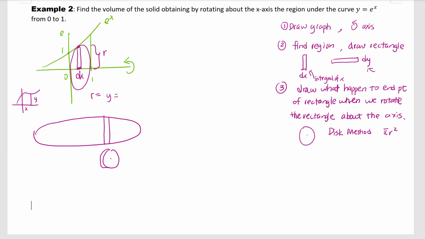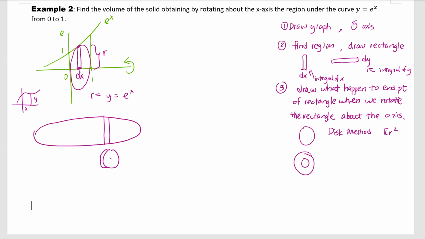If you see dy, we're gonna have an integral of y, with respect to y. So if you have y, express your y in terms of x. So y equals e to the x. And then we're ready, right? So when you see a circle, you have this method.